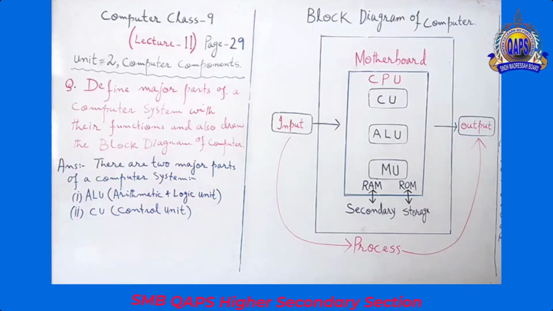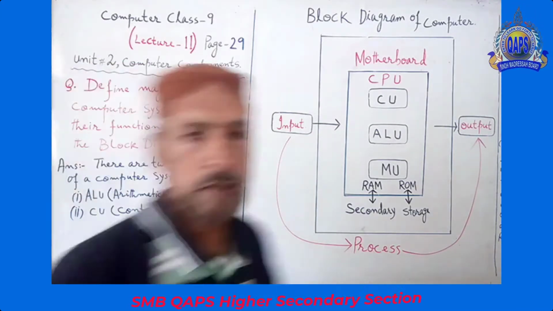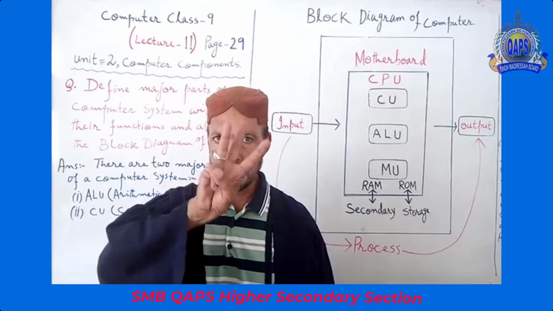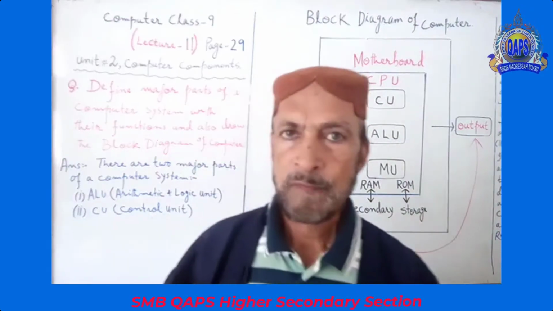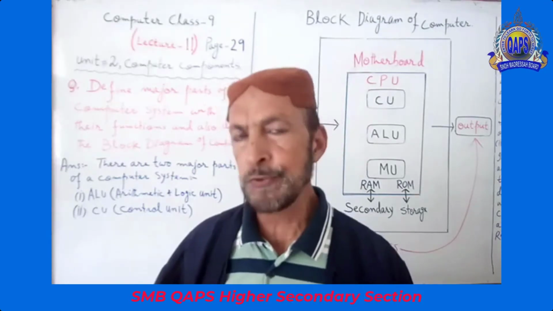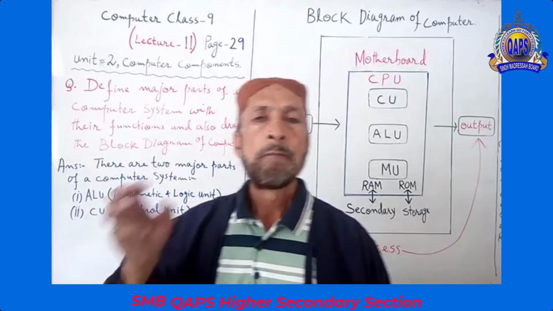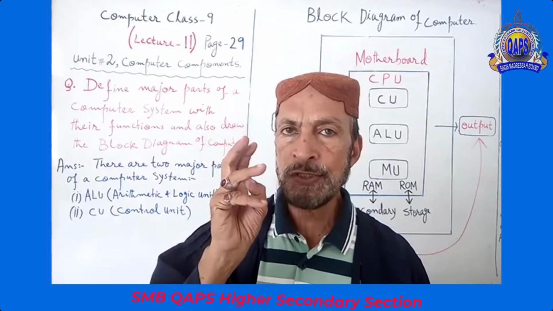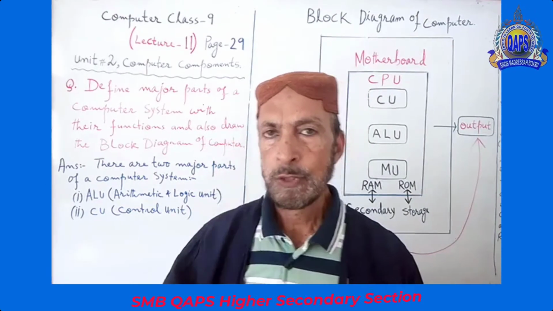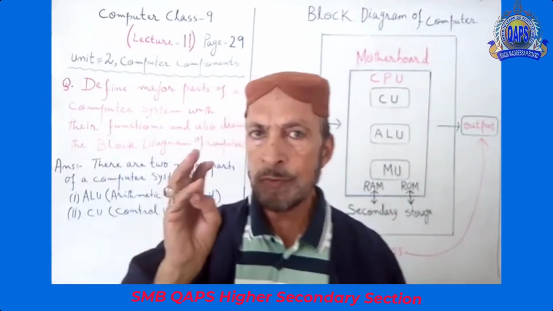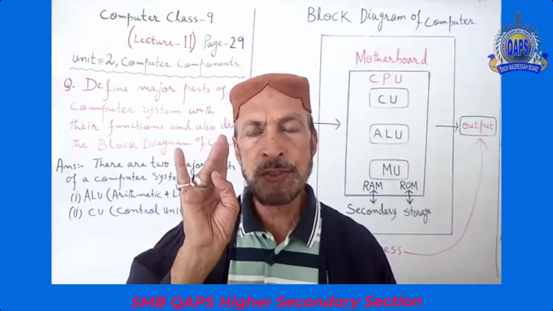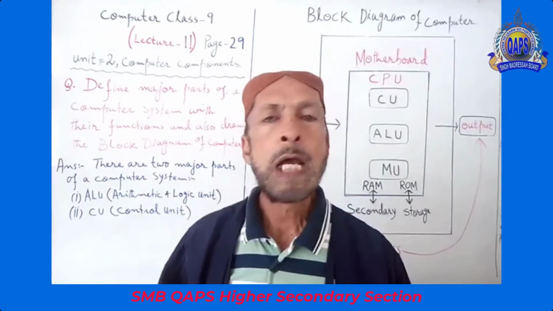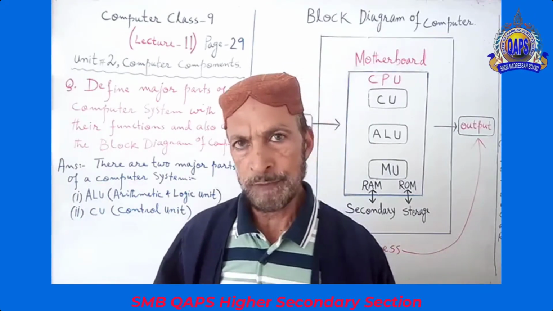Major parts. As I told you that we have 3 parts of a computer system. I already explained this to you. 3 parts: ALU, CU, MU. ALU, arithmetic and logic unit; CU, control unit; MU, memory unit.